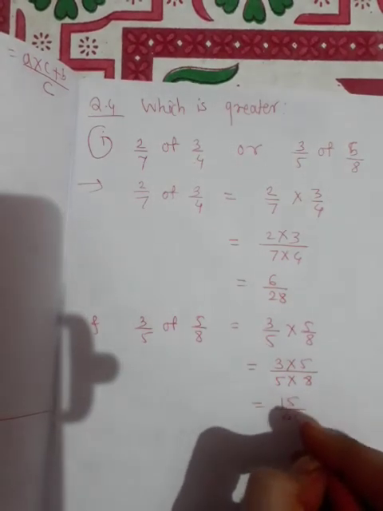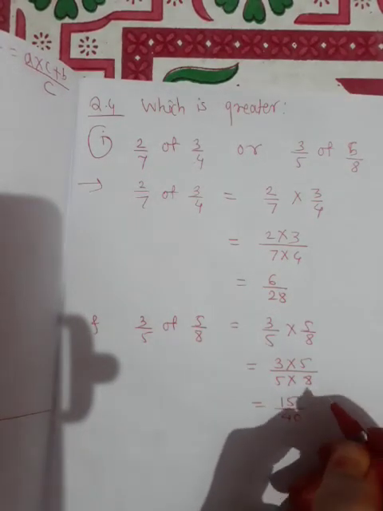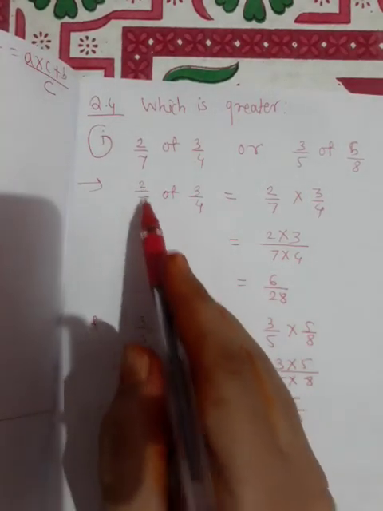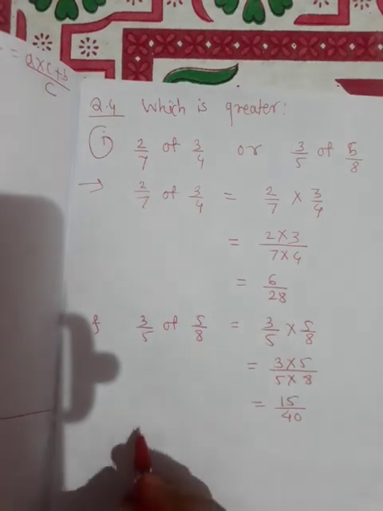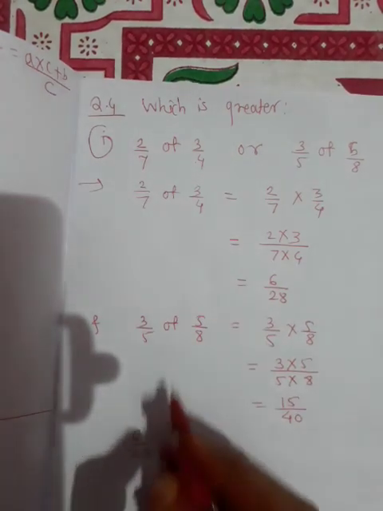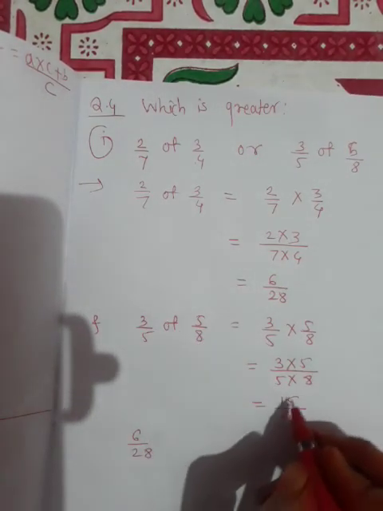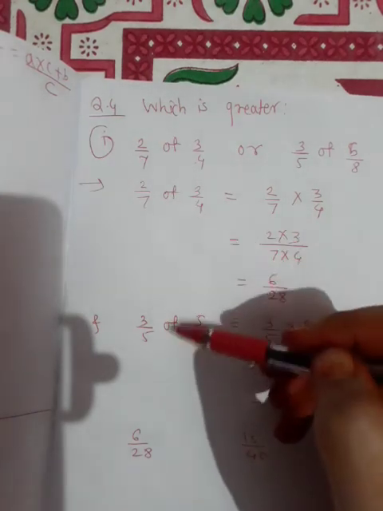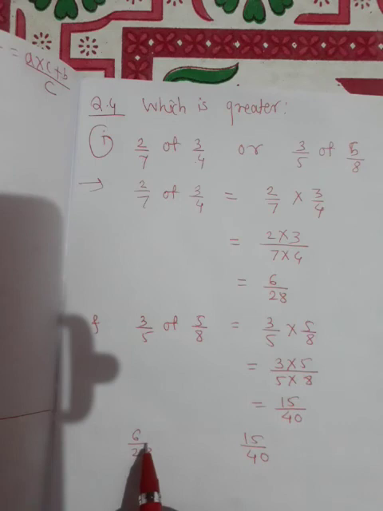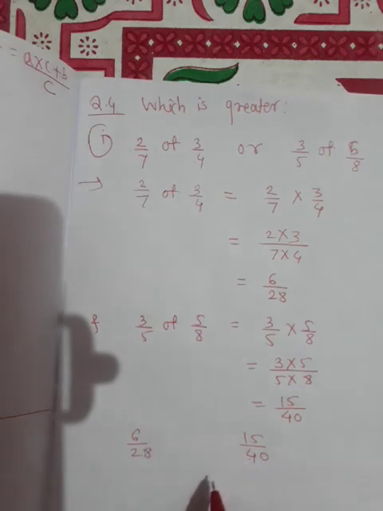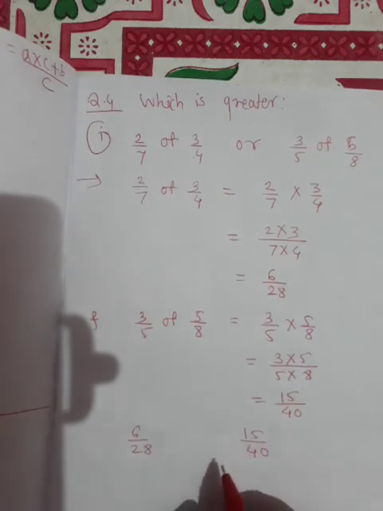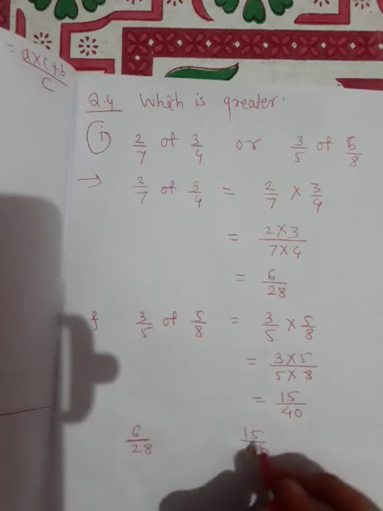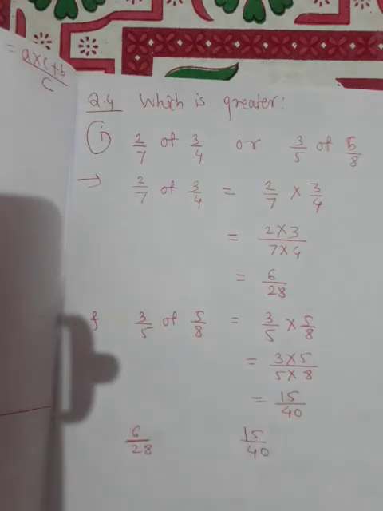Okay, so 2 by 7 of 3 by 4 means 6 by 28, and 3 by 5 of 5 by 8 means 15 by 40. We have to compare these two fractions. So here 6 by 28 and 15 by 40.